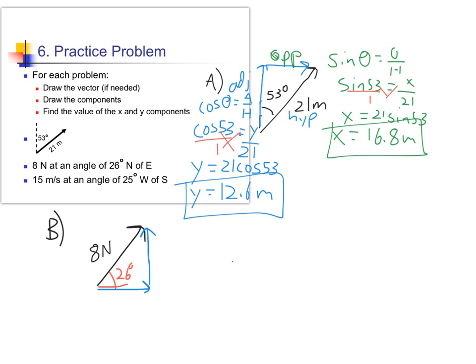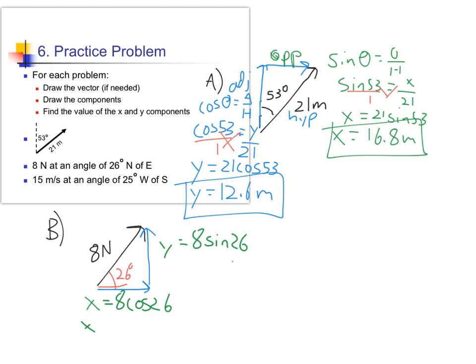So for my x component, that is the adjacent side, which means that x is going to be equal to 8 cosine of 26. And my y component is the opposite side, which means it's going to be equal to 8 sine of 26.